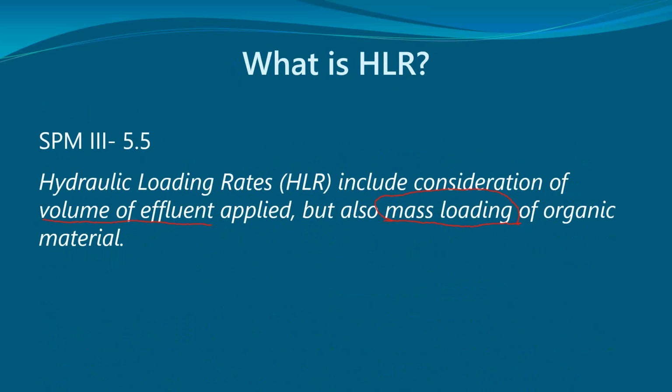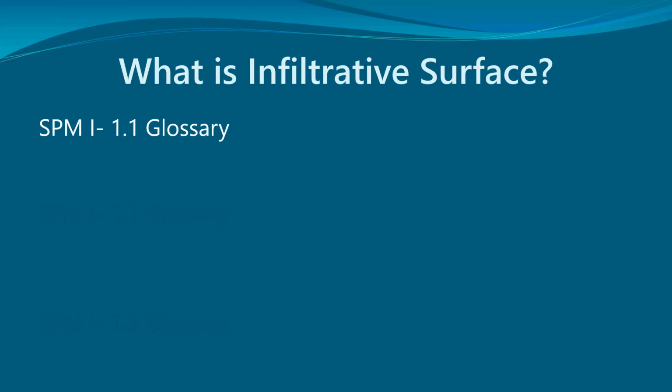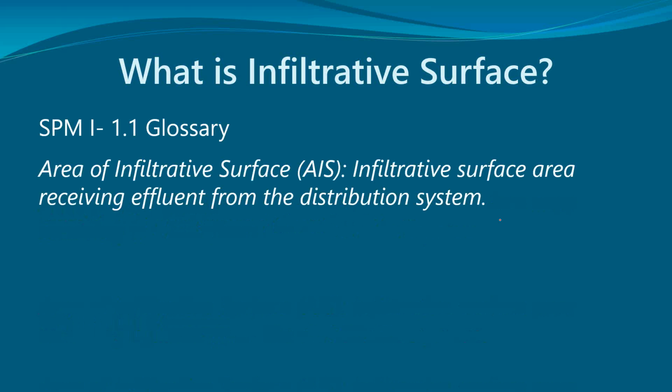A little more definition. HLR is the volume of effluent applied to the infiltrative surface. So let's just look at what infiltrative surface means. A lot of you are very experienced, just bear with me. Some people attending are quite new.